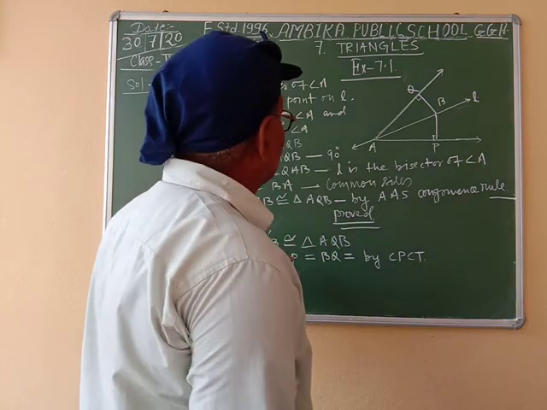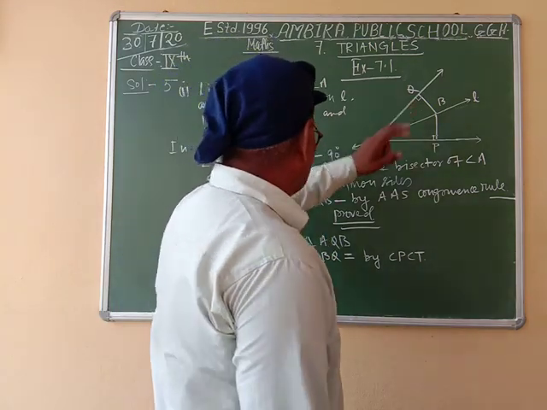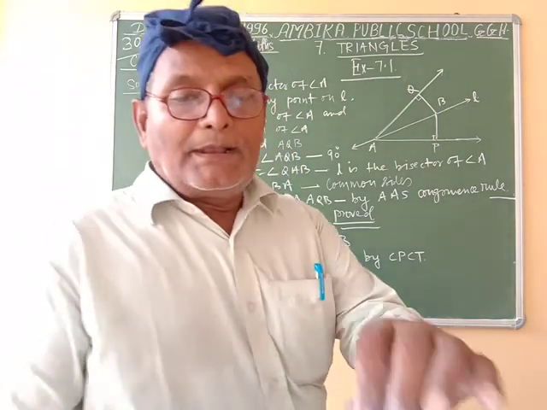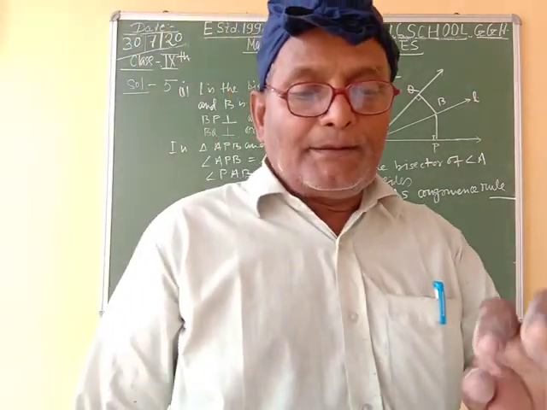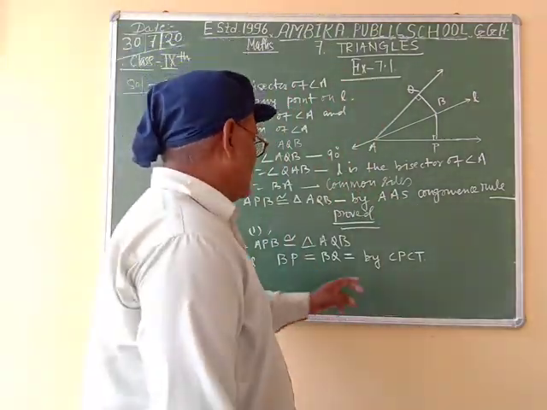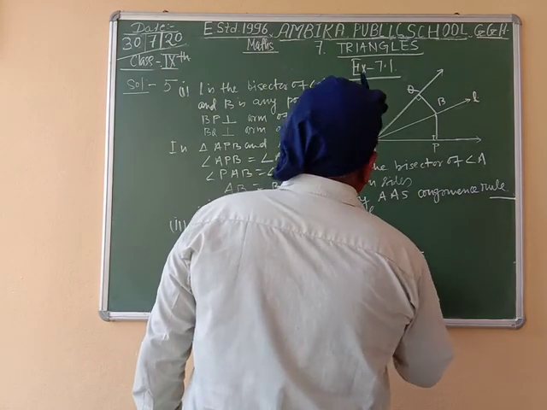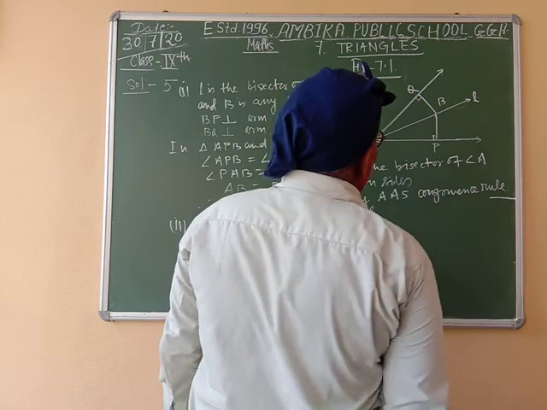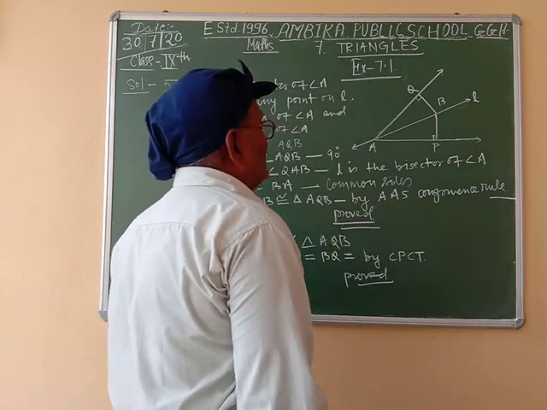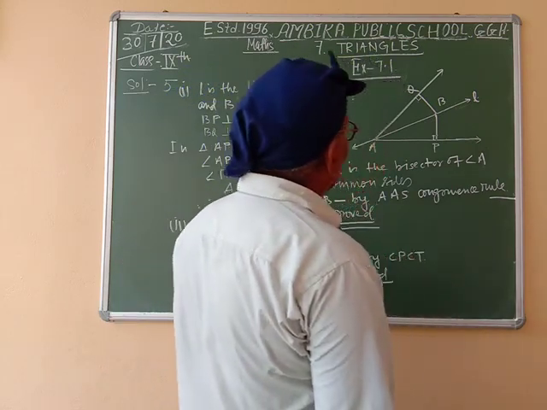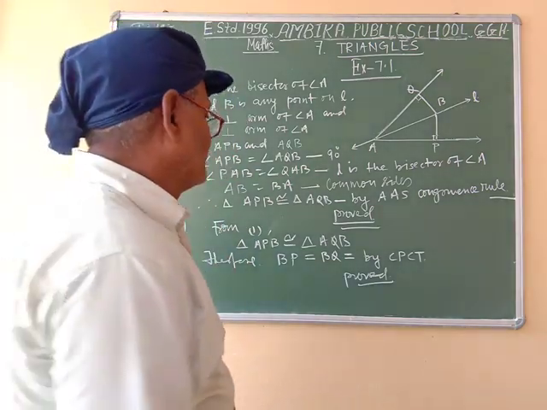So BP is equal to BQ by CPCT. Proved. Because BP and BQ are corresponding sides opposite the angles PAB and QAB.